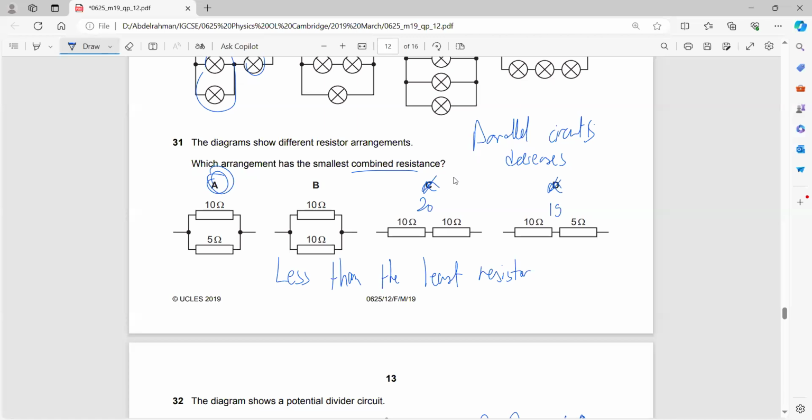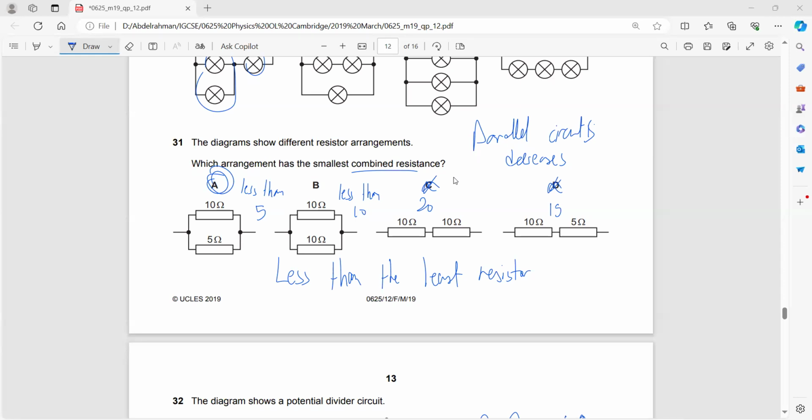In B, less than 10. And in A, less than 5. So the least combination of resistors would be in A. That's the whole point.